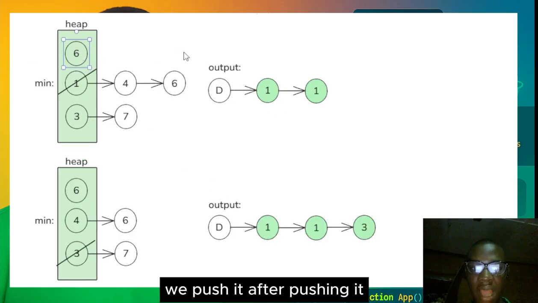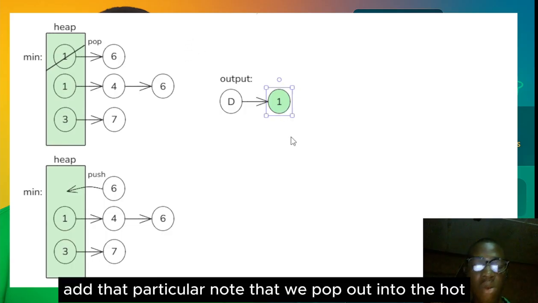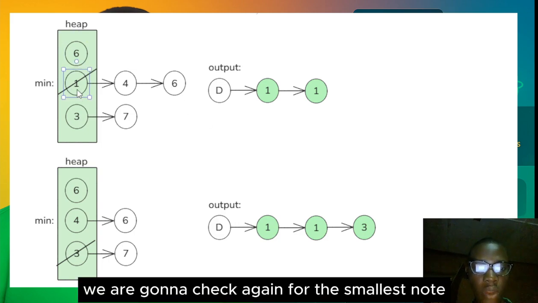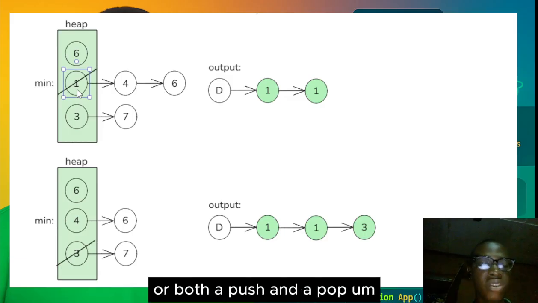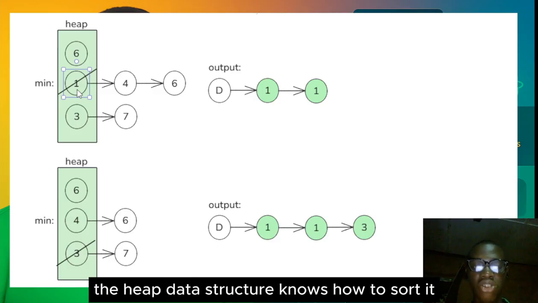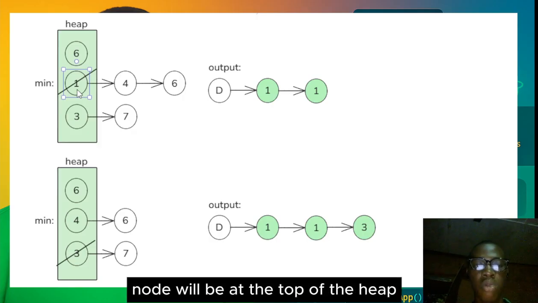After pushing it, we add that particular node that we popped out into the output. Then we check again for the smallest node. Don't forget that whenever we make a push or a pop, or both, the heap data structure knows how to sort it such that the smallest node will be at the top of the heap.